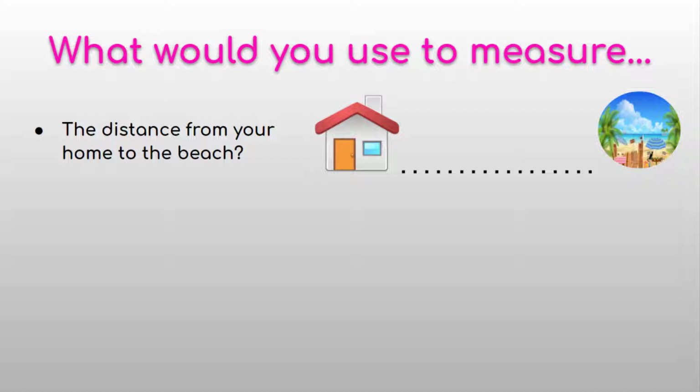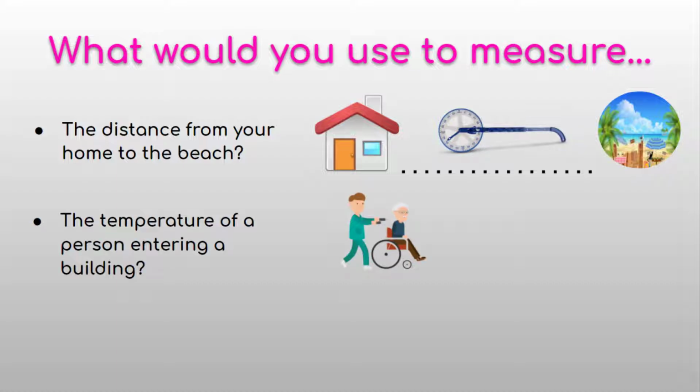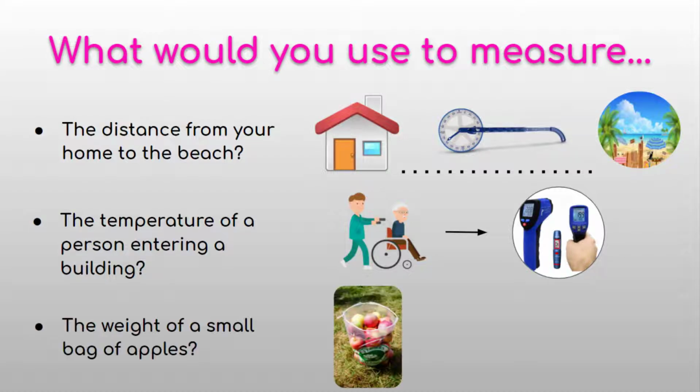But if you live a little further away from the beach like me, a chunder wheel would be the best tool to use. How about the temperature of a person entering a building? An infrared thermometer would be best. Finally, how about the weight of a small bag of apples? A kitchen scale would be best because we expect that bag to weigh just a few pounds.